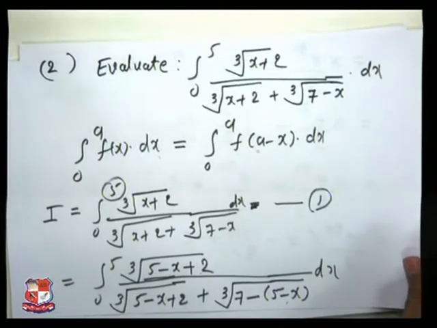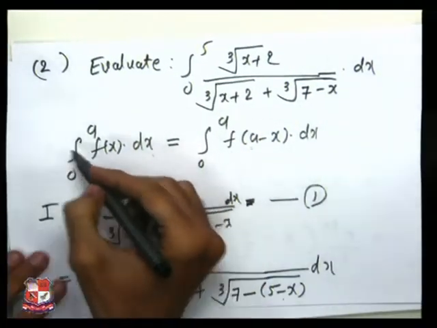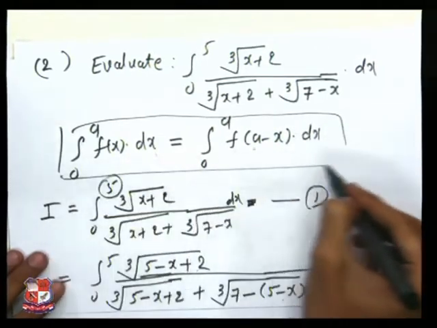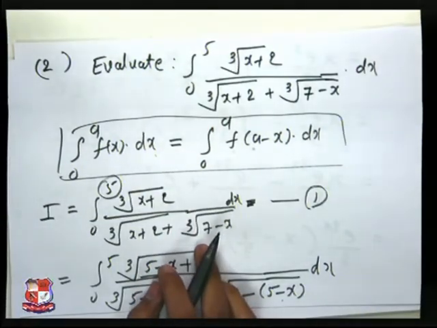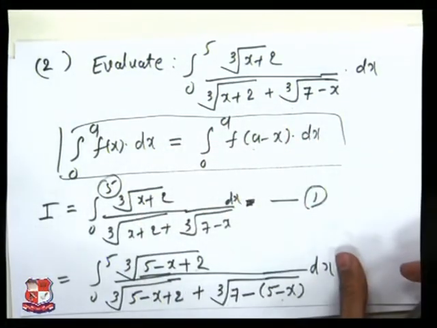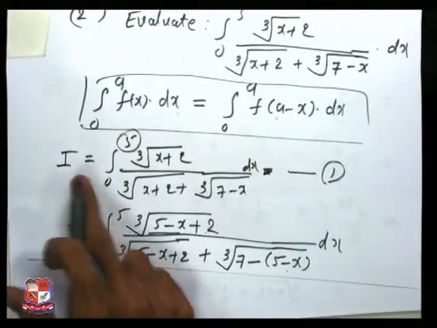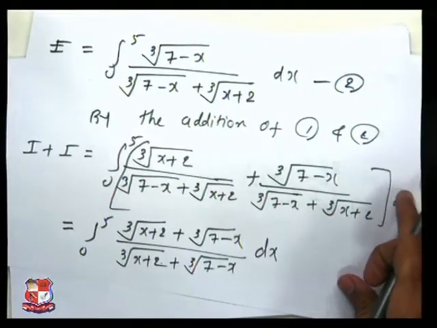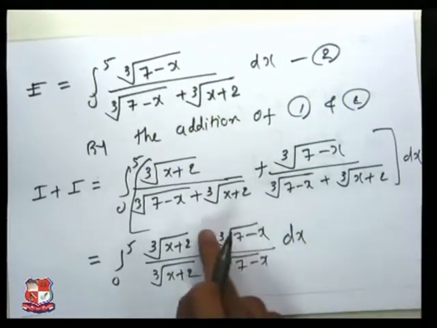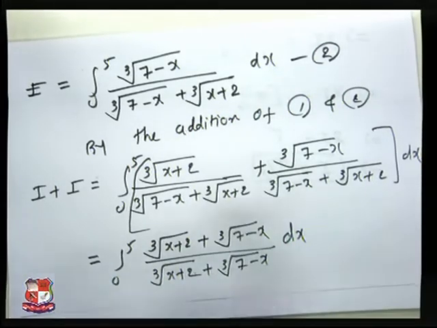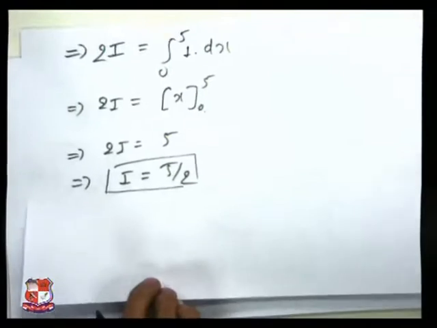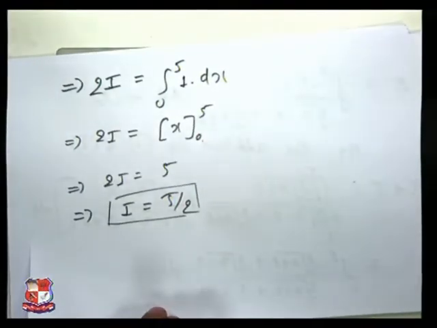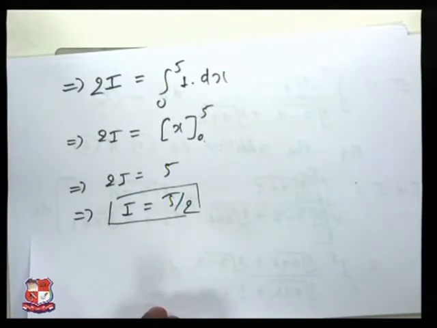I want to again remind you that the integral from 0 to a of f(x) dx is equal to the integral from 0 to a of f(a minus x) dx, and by using this rule we can get two expressions of I, two equations with I. This is the first one, and the second equation with I is this one, and by taking the addition of 1 and 2 we will easily get I plus I, that is equal to 2I is equal to the integration of 1, that is equal to x, and by integrating that we will get I is equal to 5 by 2.